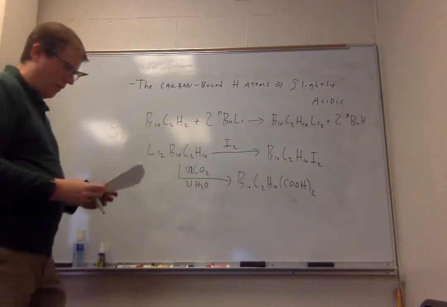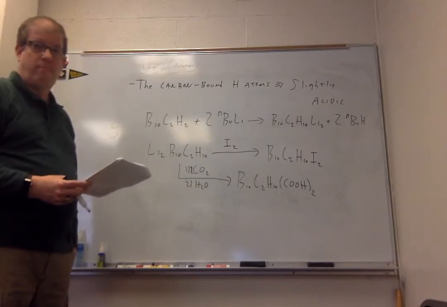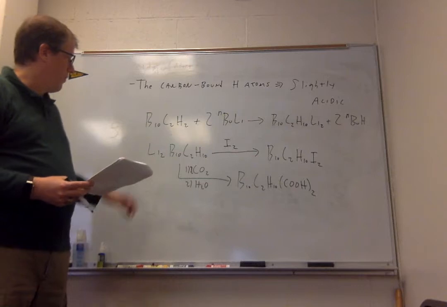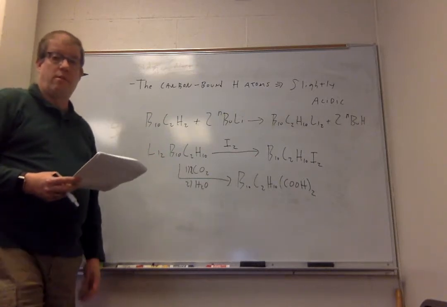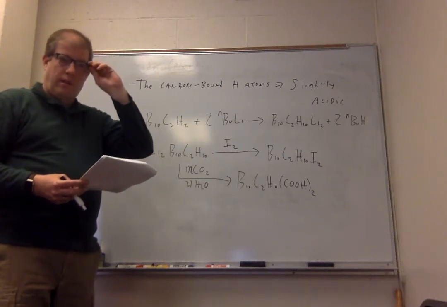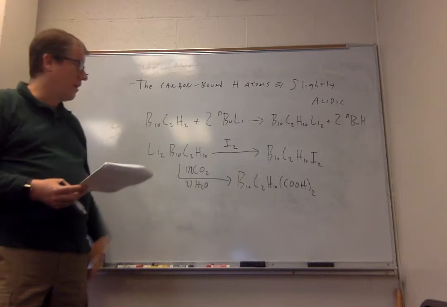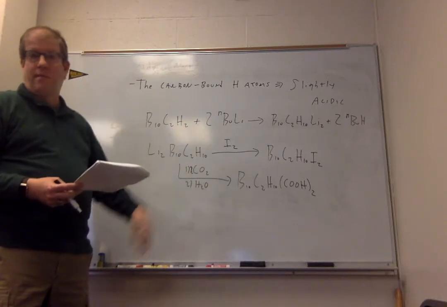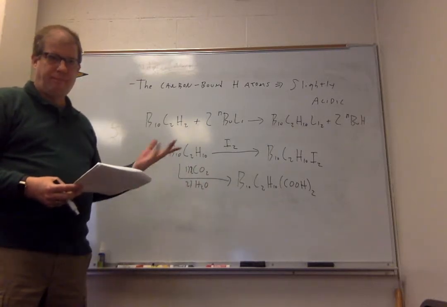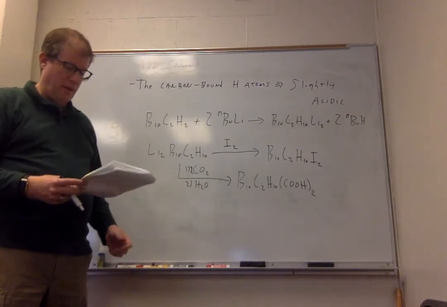And there's a whole bunch of other things that one could do with this. And so these carboranes are actually used to build a whole bunch of different structures. And when we get to it much later in the class, towards the end, and we start talking about organometallics like ferrocene, these can be used in place of a cyclopentadienyl ring to build transition metal complexes and stuff like that.